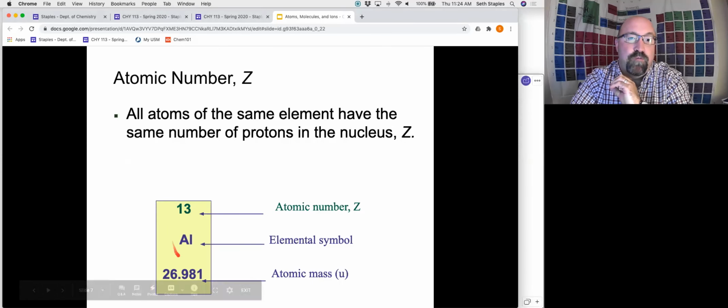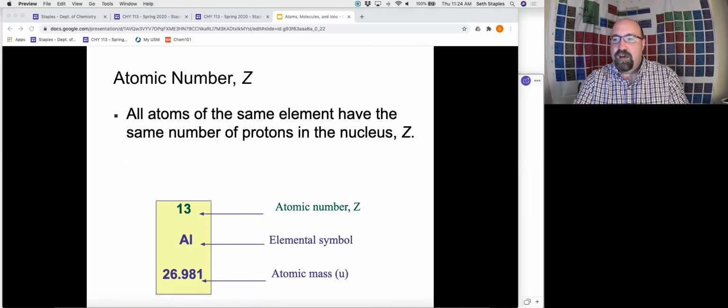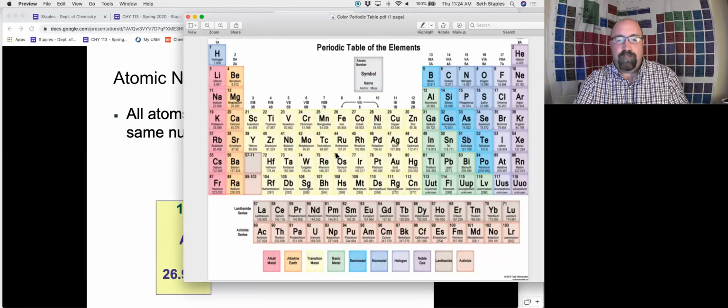The other thing that we do find in each box in the periodic table is the elemental symbol, Al in the case of aluminum. Now the atomic numbers and masses and symbols and all that, and then the names that go with it, it's nothing that you have to memorize for the course.